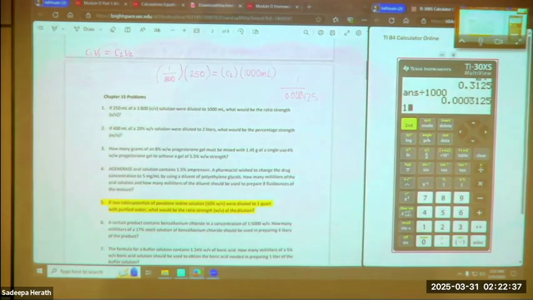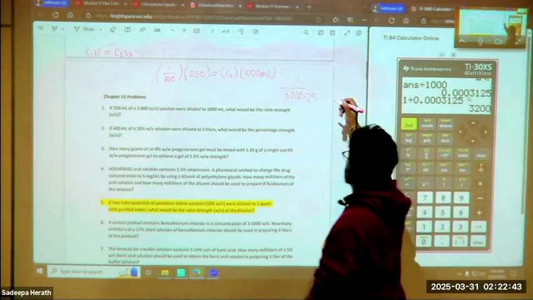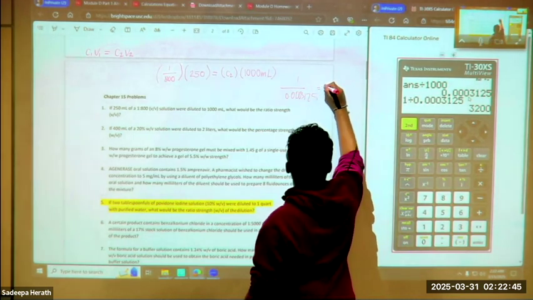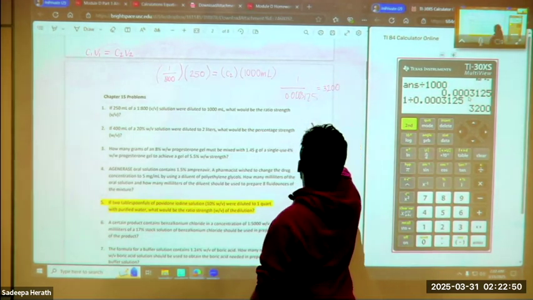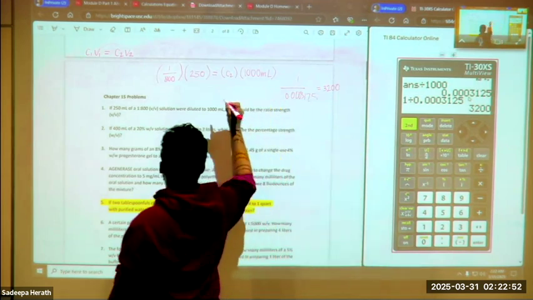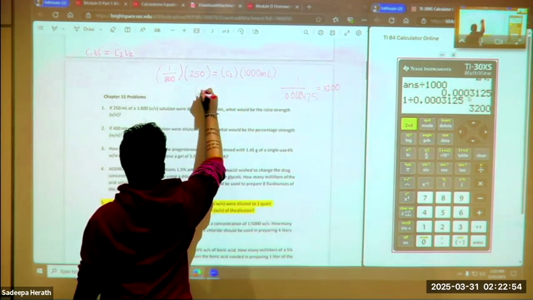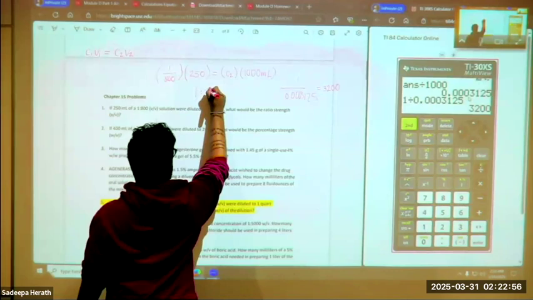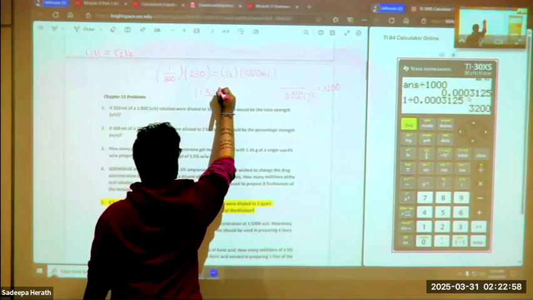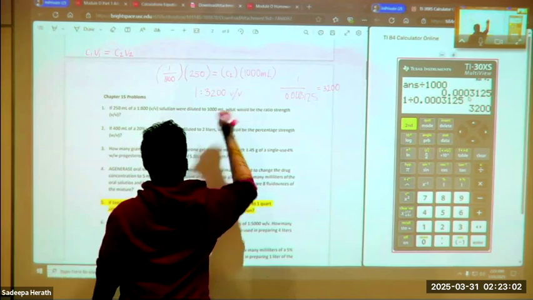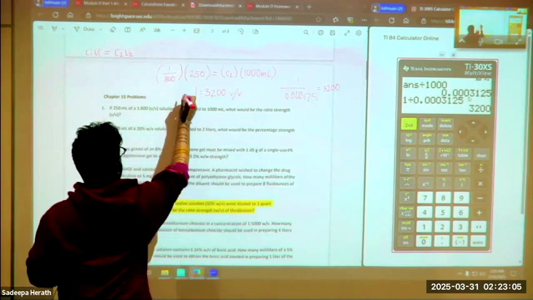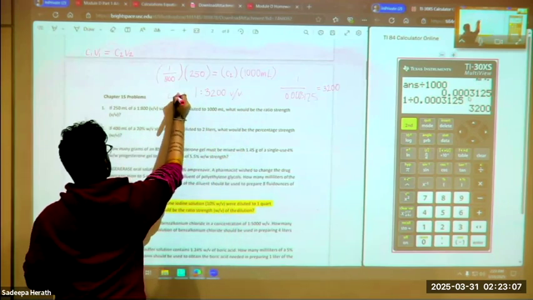You do 1 divided by this, 3,200. And then that is our ratio, 1 to 3,200 volume to volume equals C2.